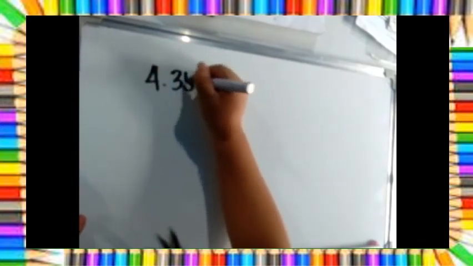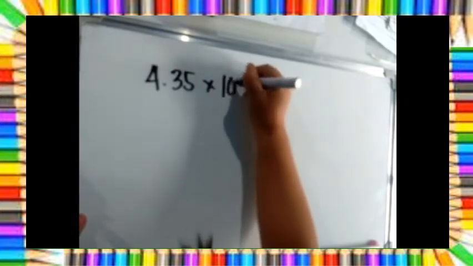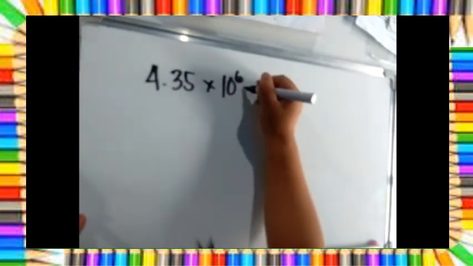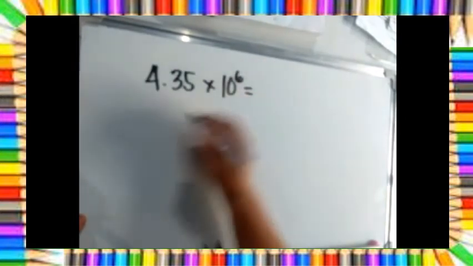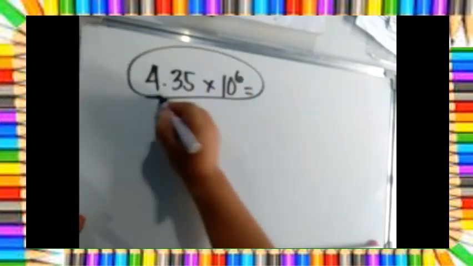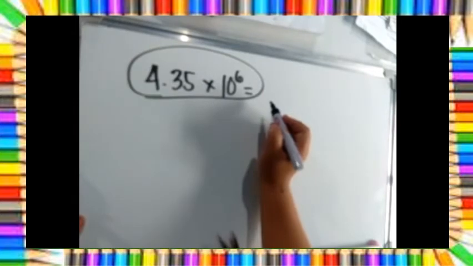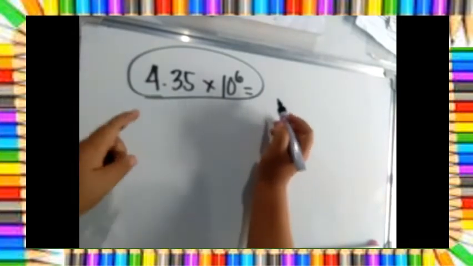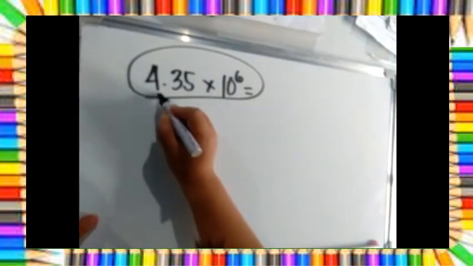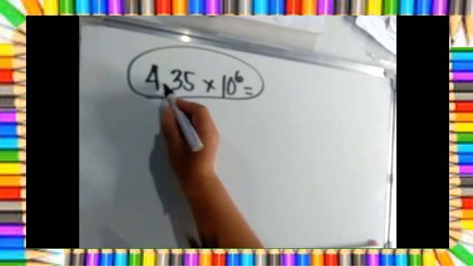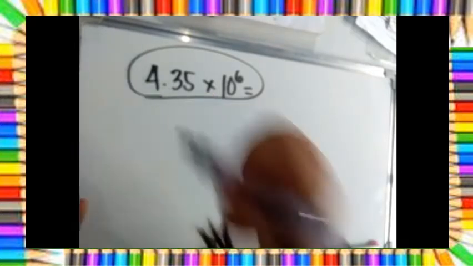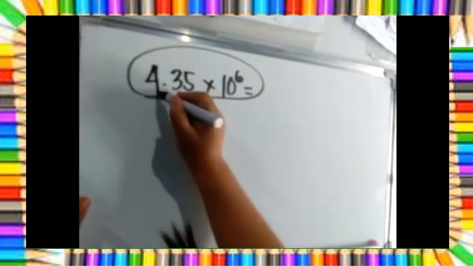Let us have an example in scientific notation. Example number 1: 4.35 times 10 to the power of 6. This is an example of scientific notation. Why? In scientific notation, there is one non-zero digit before the decimal point, a whole number, which is 4.